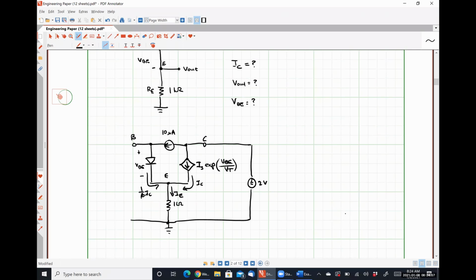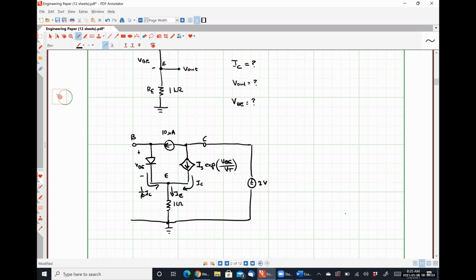How could I go about calculating any of those quantities? So you're saying IC is IS exp VBE over VT.